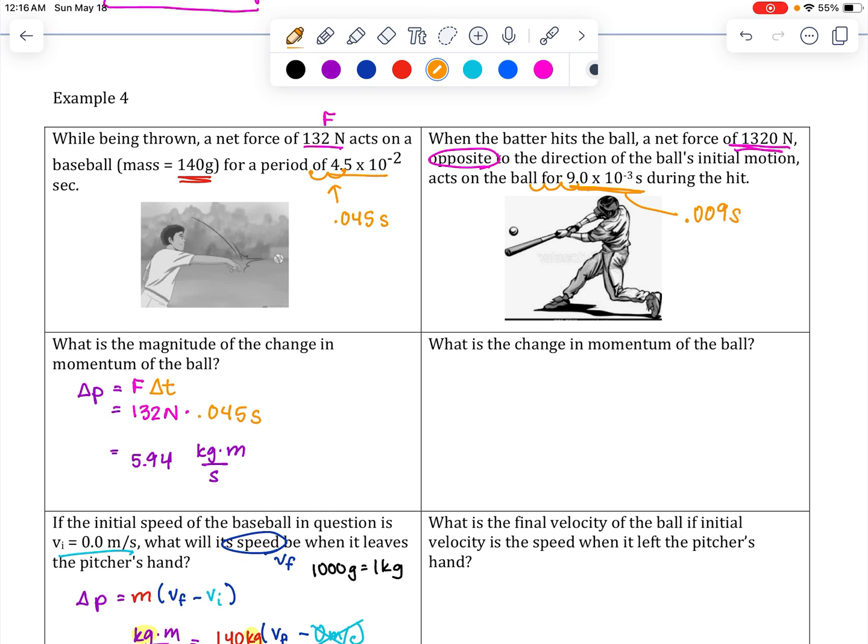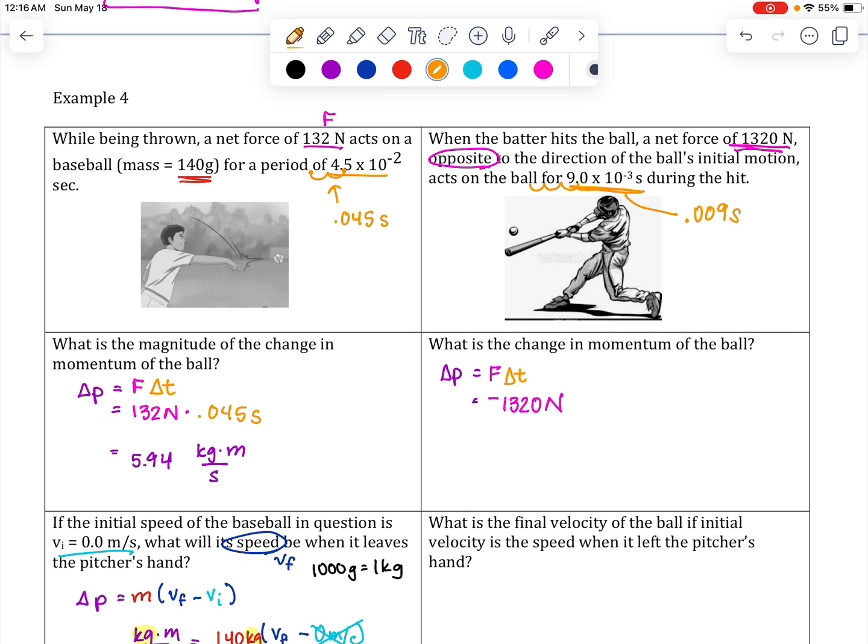So I have a force and a time again. Change in P is equal to F delta T. So this equals, my force is negative 1320 newtons. I used a negative because it's opposite the direction.